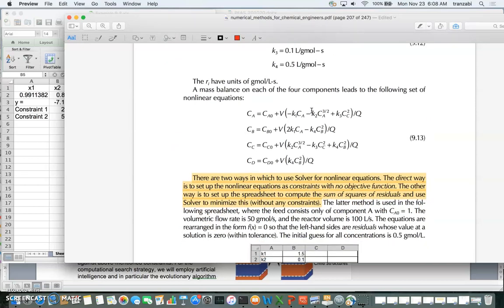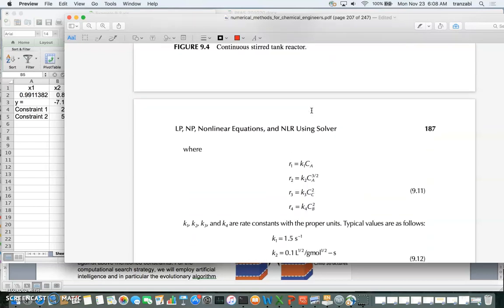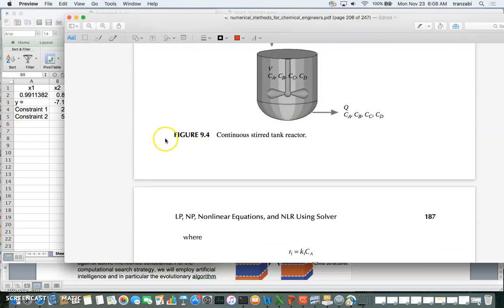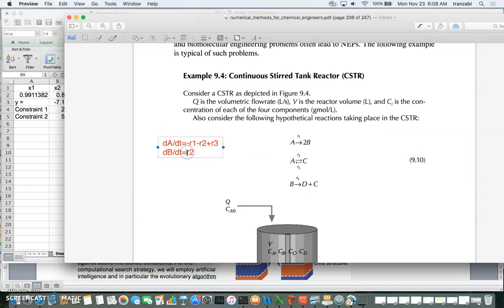So that should be 2 times R1, because R1 is adding concentration of B, and that's going to be double because the coefficient here is 2. And then what else? The concentration of B is going to go down because of R4, so it's going to be minus R4.